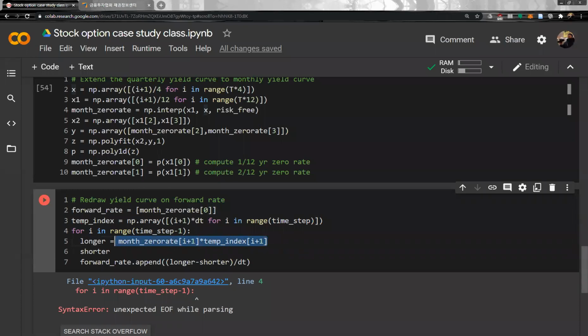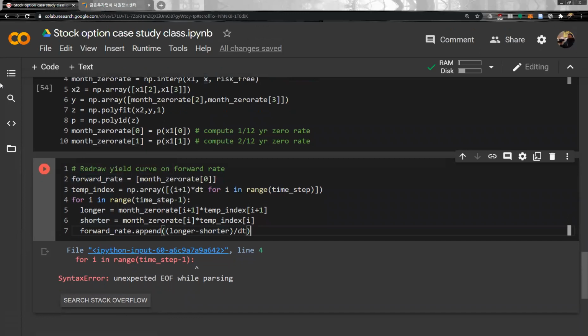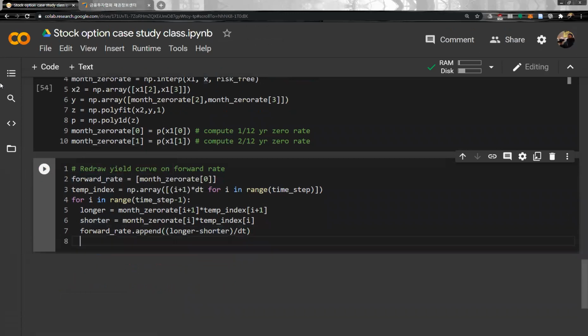And then the short rate is this one. Okay. And then the forward rate is basically the longer rate as a weighted average of the short rate and the forward rate. Okay, multiplied. Let me check. This looks correct. I think this is correct.